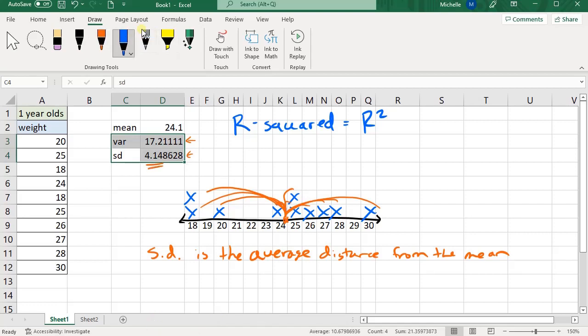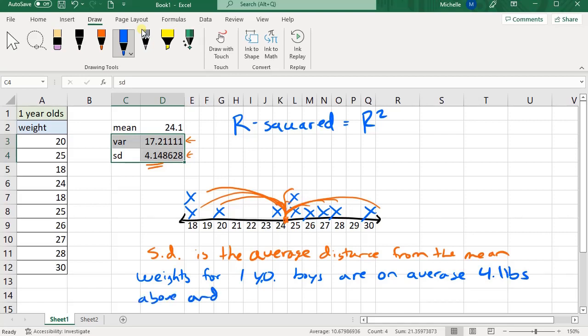So in this example, we would say the weights for 1-year-old boys are, on average, 4.1 pounds above and below what the mean is, which is 24.1 pounds.